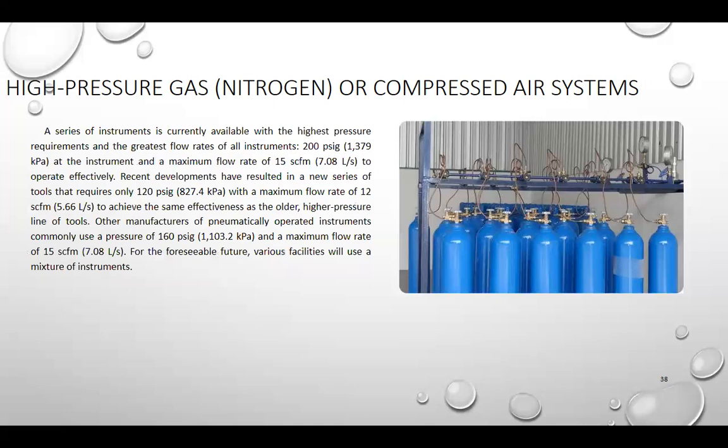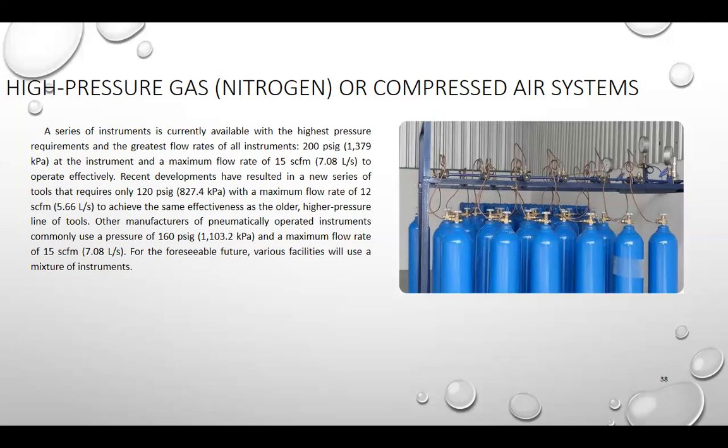A series of instruments is currently available with the highest pressure requirement and the greatest flow rate of all instruments: 200 psi gauge or 1,379 kilopascal at the instrument and a maximum flow rate of 15 cfm to operate effectively.